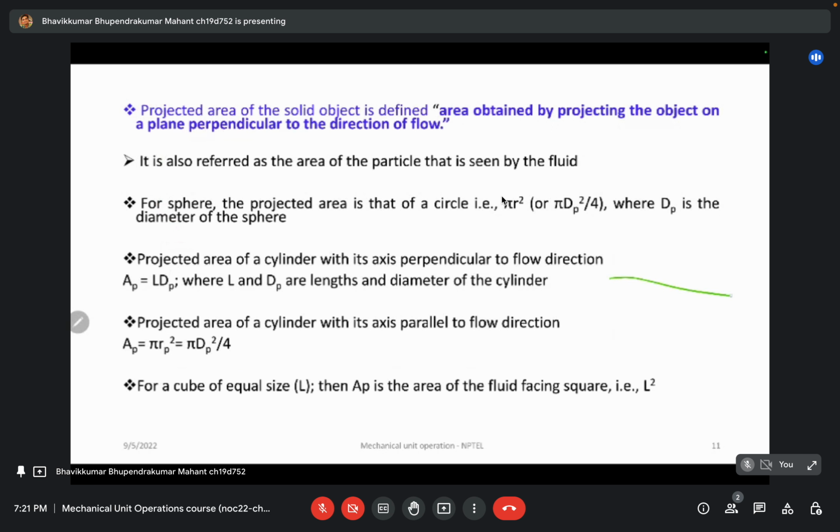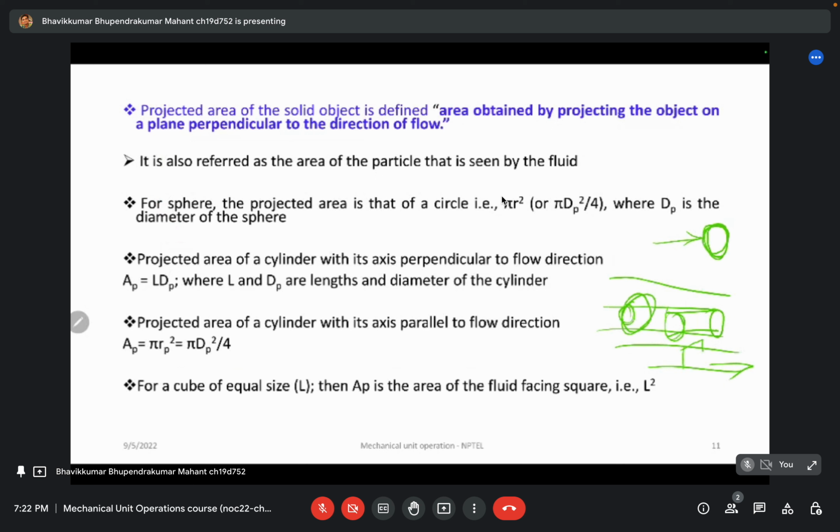Consider that this is the direction of the flow, and here I have one cylinder, placed perpendicular to the flow, and you can see this circle is the object's shape in this area. You need to consider the surface area of the circle whenever you use a cylindrical pipe or a sphere, because the sphere also gives the same circle.